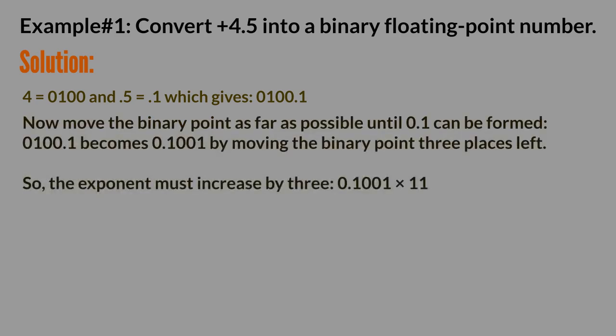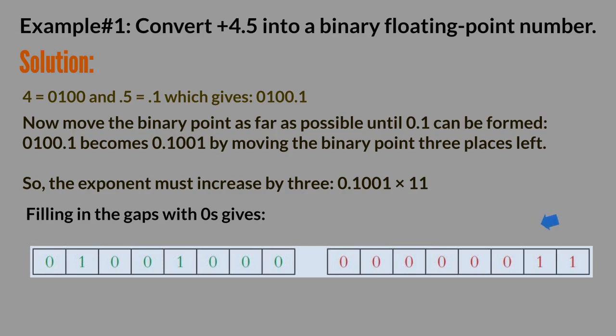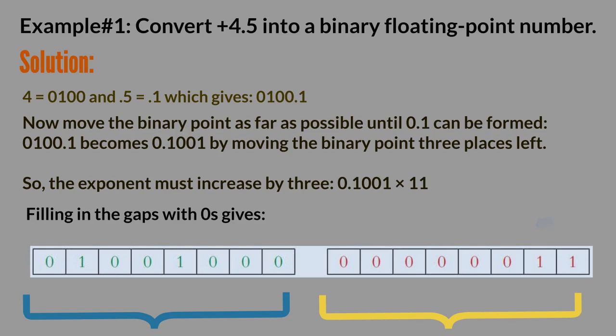Now move the binary point as far as possible until 0.1 can be formed. 0100.1 becomes 0.1001 by moving the binary point 3 places left. So the exponent must increase by 3. Now the mantissa is 01001000 and the exponent will be 0000011.